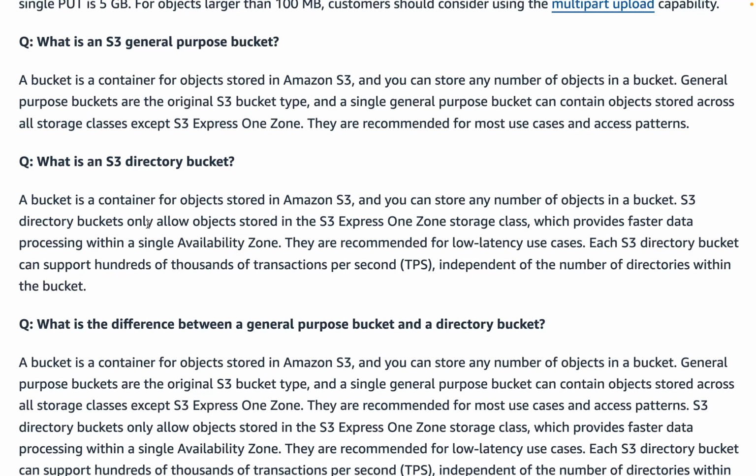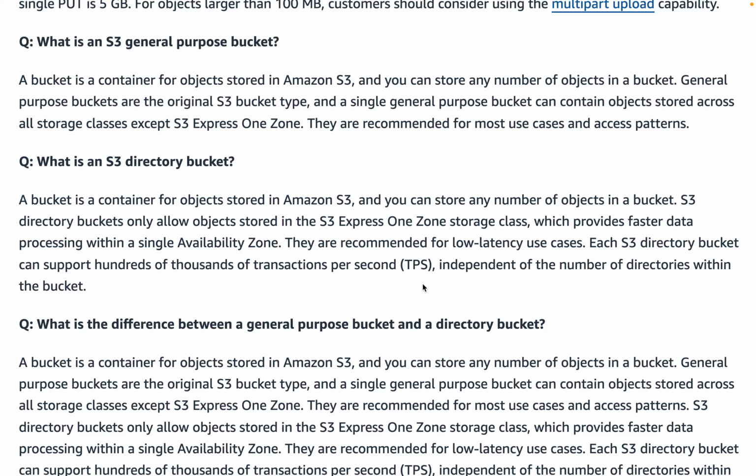S3 directory buckets only allow objects stored in S3 Express One storage. Okay, maybe they wanted to say that S3 Express One, one zone storage, uses directory buckets. So whatever the buckets in S3 Express One storage are called, they're S3 directory buckets. They just give it a different name because directory means fast, maybe. Each S3 directory bucket can support hundreds of thousands of transactions per second.